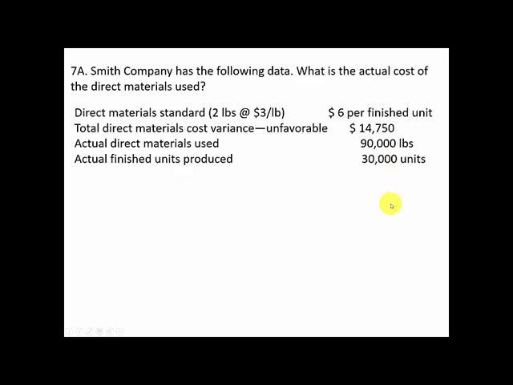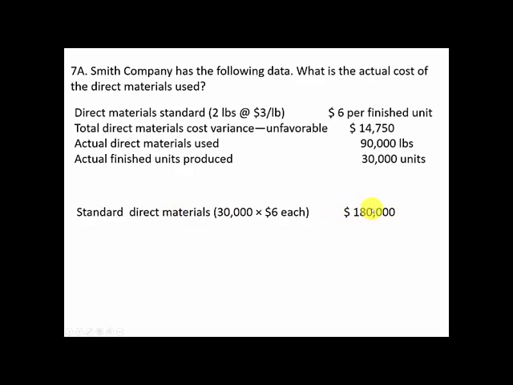So what we're trying to find out is, what was the actual cost of direct materials used? Well, if it takes $6 per unit to make a finished unit, and we actually made 30,000 units, then the standard for this would be $180,000.